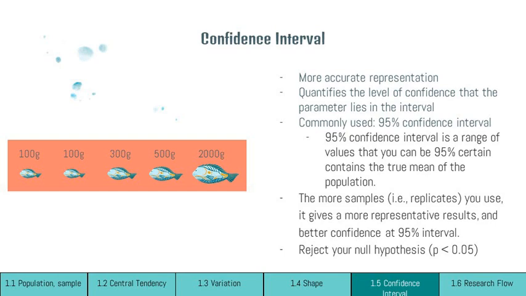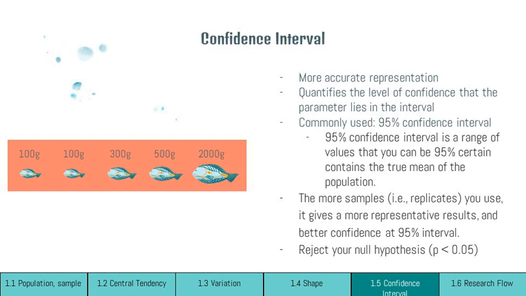A confidence interval is a much more accurate representation of reality. It quantifies the level of confidence that the parameter lies in the interval. We commonly use a 95% confidence interval. So what does a 95% confidence interval mean? A 95% confidence interval is a range of values that you can be 95% certain contains the true mean of the entire population.